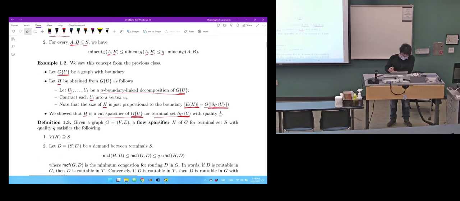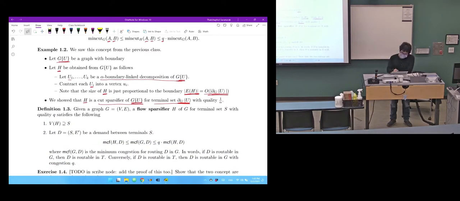There is a related notion called flow sparsifier. So when you are given G, we say that H is a flow sparsifier of G for terminal set S if the following is true.